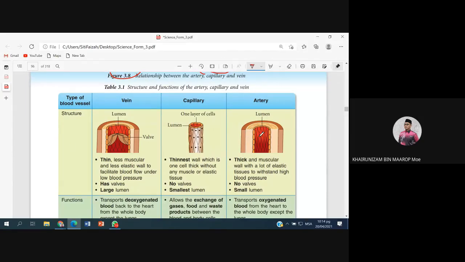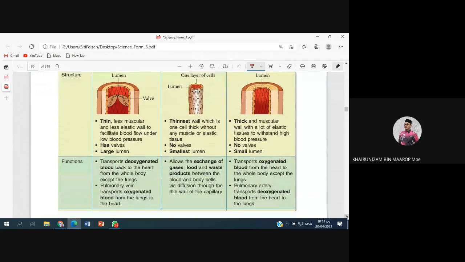That is the structure of the blood vessels: vein, capillary, and artery.